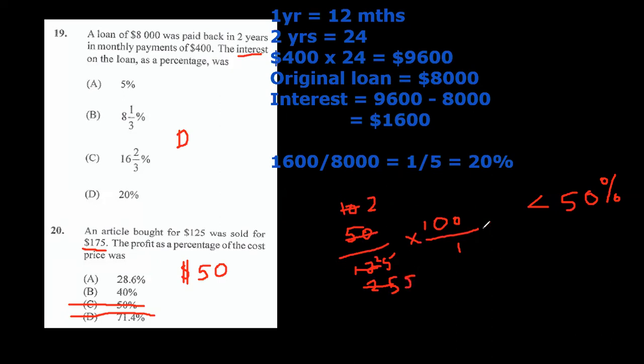What's 2/5 as a percent? It is 40%. The elimination helped us, but the answer is going to be 40%, which is B.